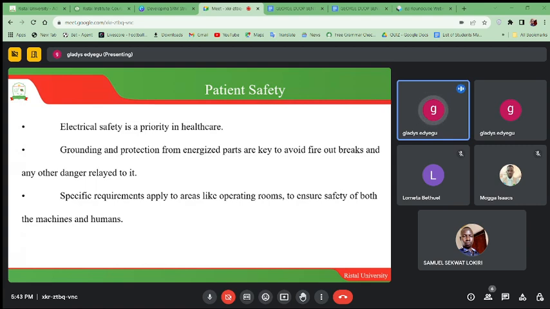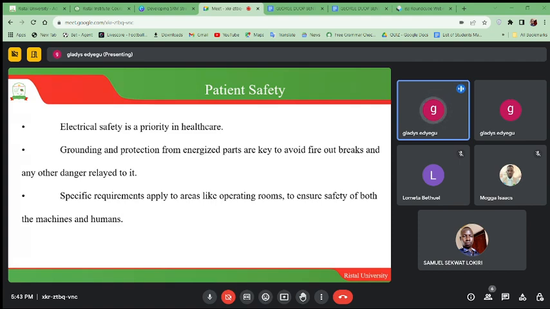We need to follow the guidelines when doing the installation of both the machines and the connection of our power or electricity in different areas and working spaces of the hospital.